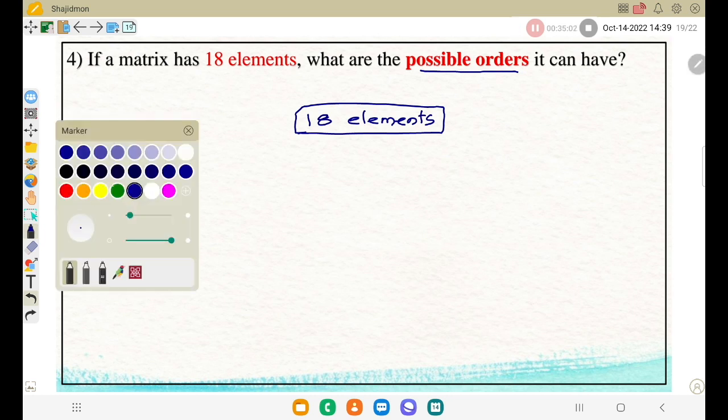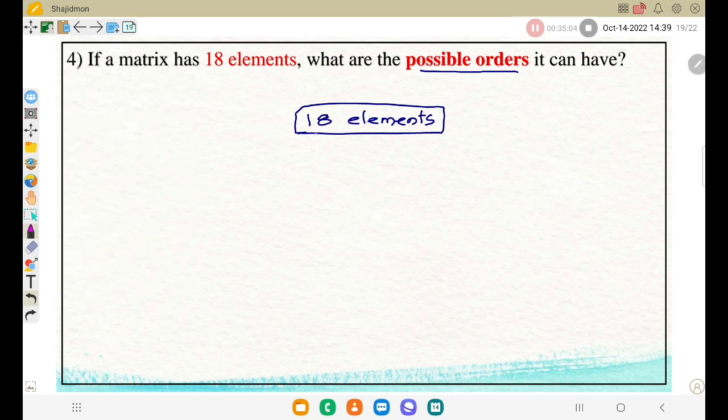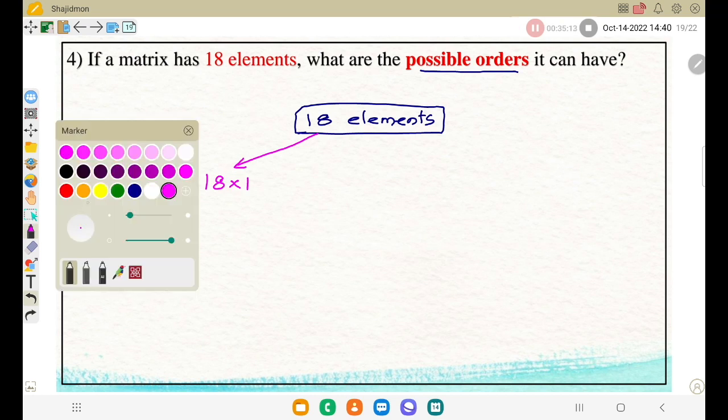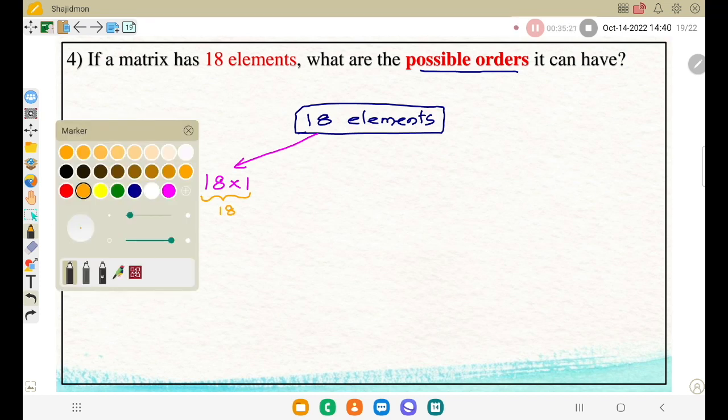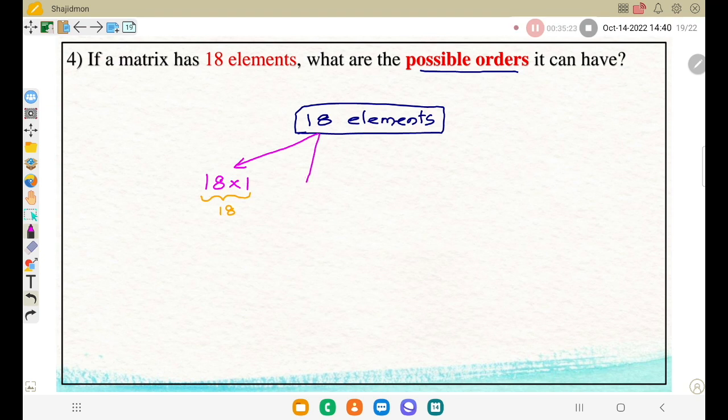Many orders we can write. So what are the possible orders? So what we write first, as I told, we can write 18 multiply 1, 18 by 1, correct? It is a matrix. 18 by 1 means when we are multiplying we will get 18. Now the same numbers we can write in reverse.